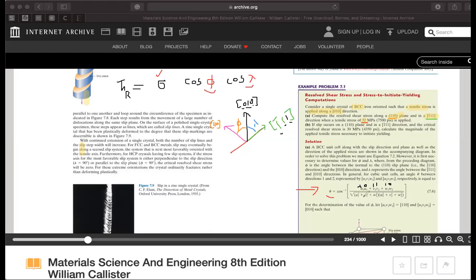I'm going to do the same thing here, and by doing so I will be able to calculate the angle lambda. I will do the same thing between the other two vectors in order to calculate phi. Okay, so let's go to the next page.